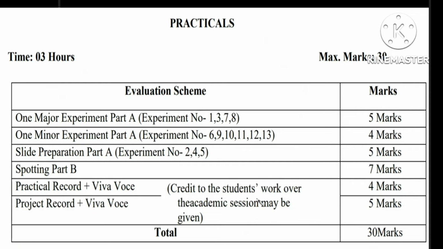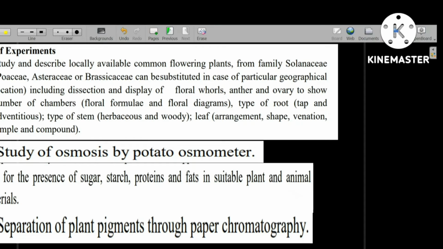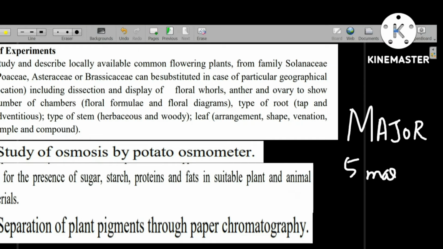So students' work over the year will be taken into account to give the marks. So these are the list of experiments that is done as major experiments for 5 marks. So any one can be done as major experiment.